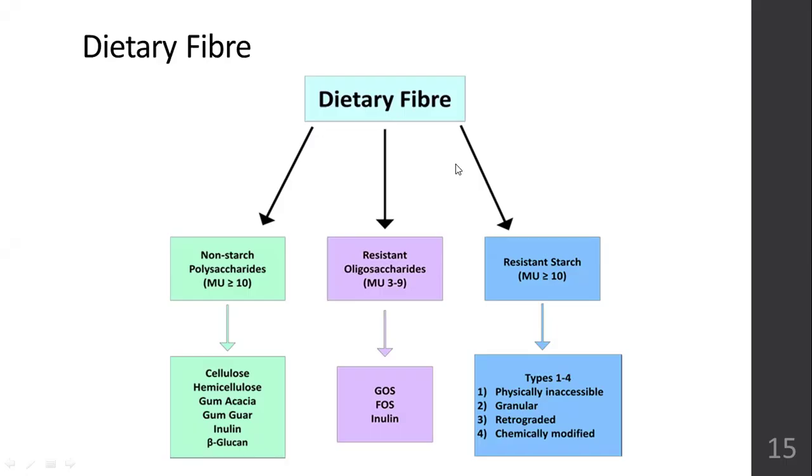It can be used only to create bulk in your feces, and to alleviate constipation, cholesterol issues, to make sure your gut motility is there, and to make sure that vitamins and minerals reach your intestine. So these are the main areas where dietary fiber will function. It will not function to give you energy, even though it is a carbohydrate.